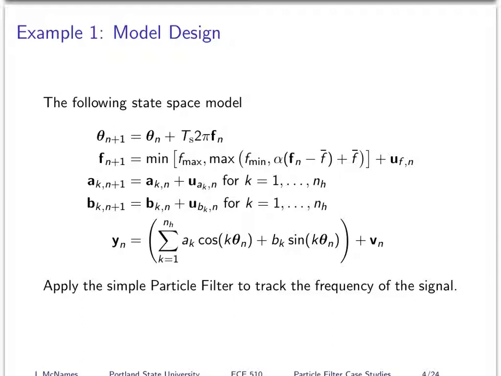And one of the things I've done here is clip the frequency so that it's constrained to be within that range. And incorporating these limits in this way is something that all of you can do in a lot of your applications also, where you know that whatever it is that you're interested in tracking is constrained to being within some range.